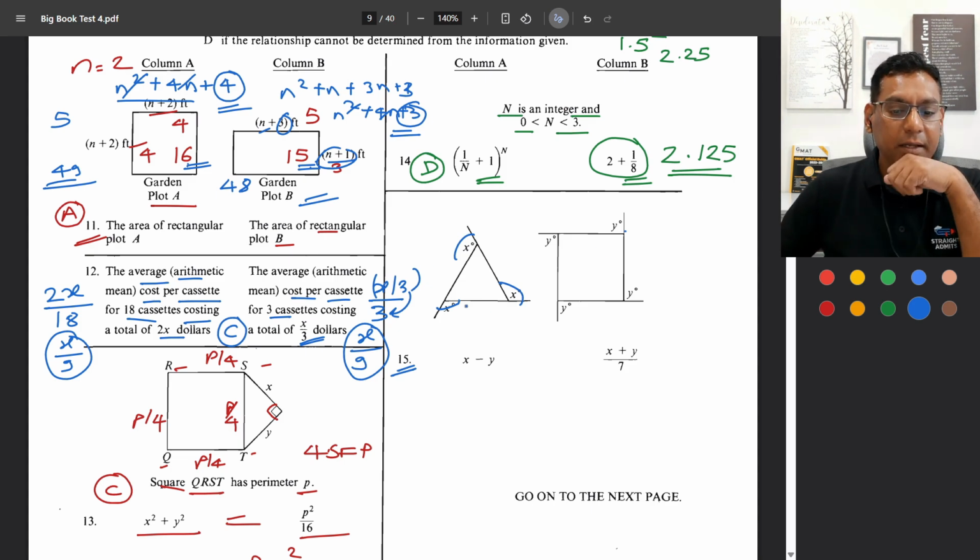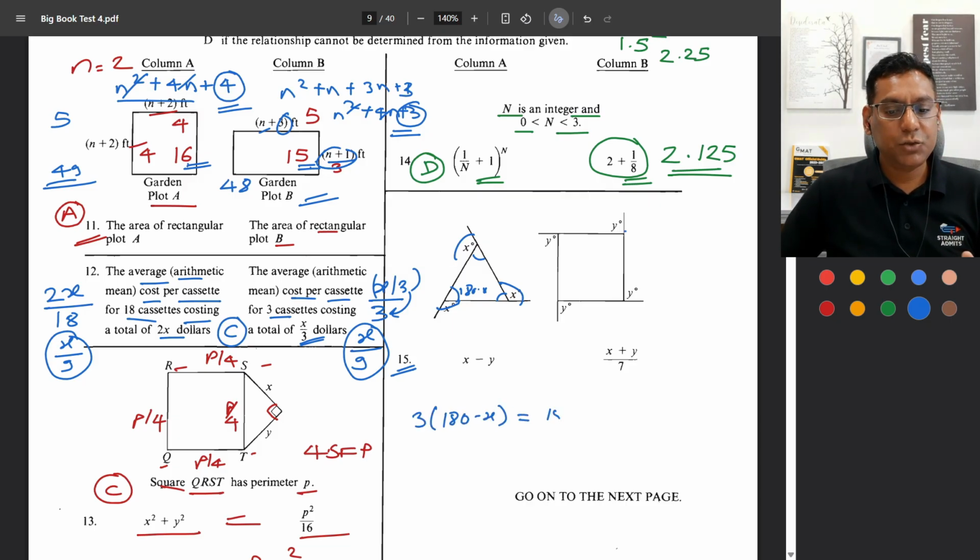If this is x, this is 180 minus x, and the same thing 180 minus x, 180 minus x, right? So there I have 3 times 180 minus x if I add them up, and that has to add up to 180. So basically 180 minus x is equal to 60. So x has to be 120.